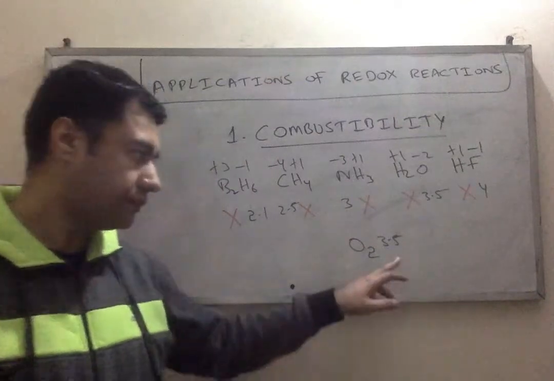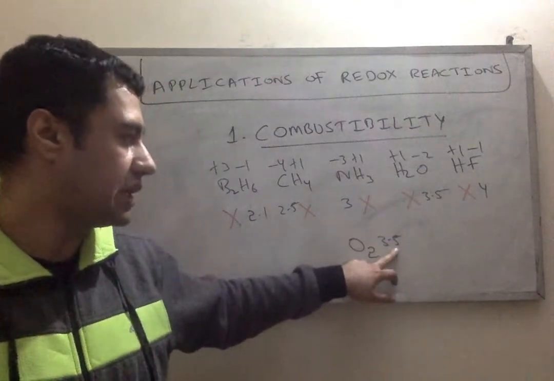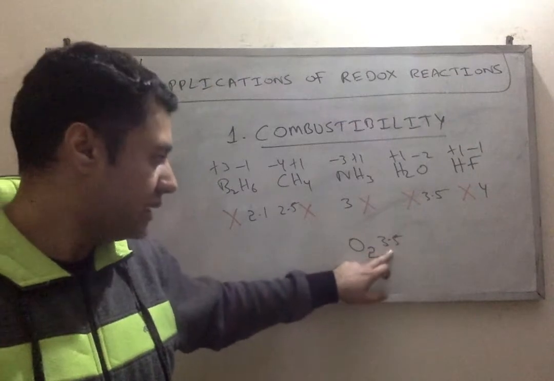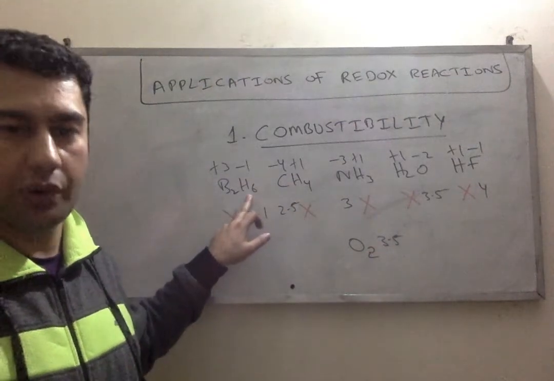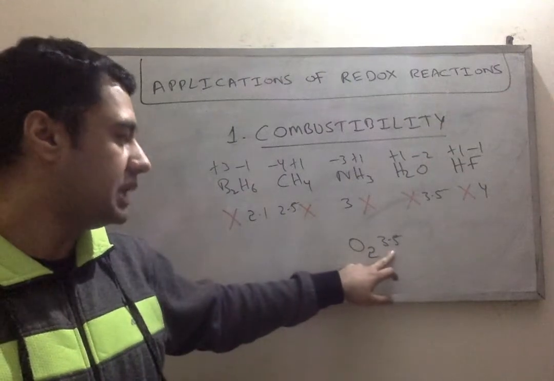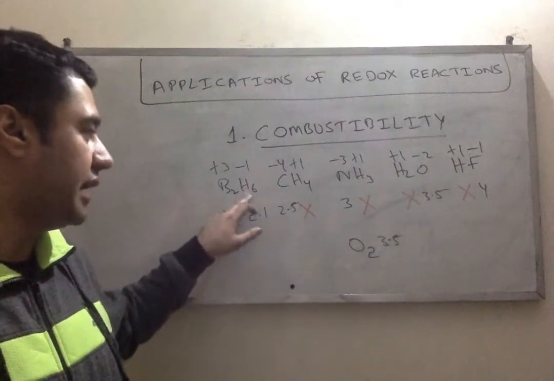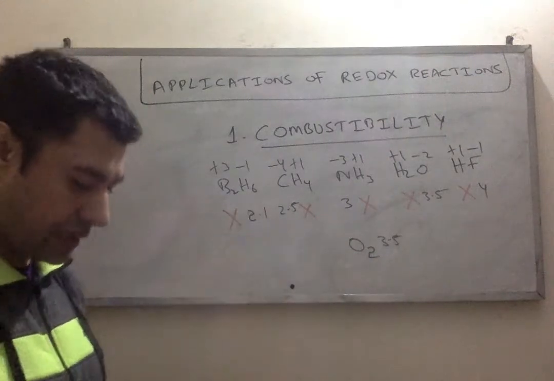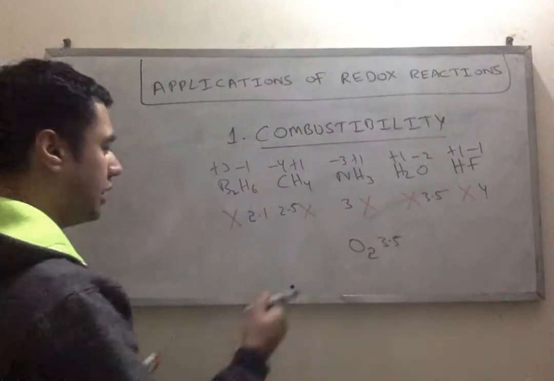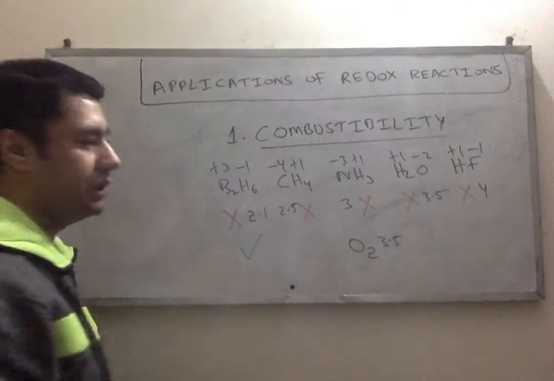Now, the next question we should ask ourselves is: is oxygen more electronegative than the element over here or not? We observe that oxygen is indeed more electronegative than hydrogen, and therefore definitely capable of oxidizing hydrogen, and hence B2H6 or diborane is going to be combustible.